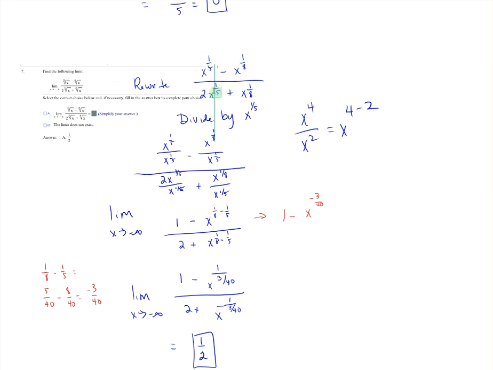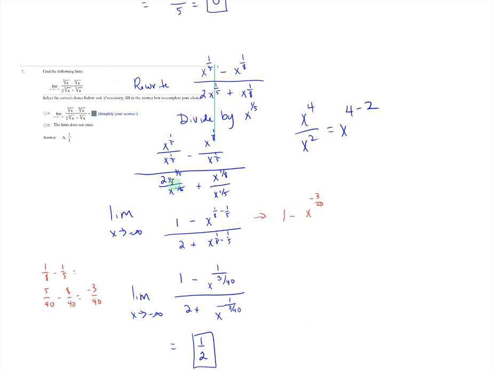The biggest power here is the 1/5 because 1/5 is larger than 1/8. Divide by that everywhere. So you've got x to the 1/5 over that. Divide there, divide there, divide there. Then we start cleaning it up. That just becomes 1. That becomes x to the 1/8 minus 1/5. You subtract your exponents.